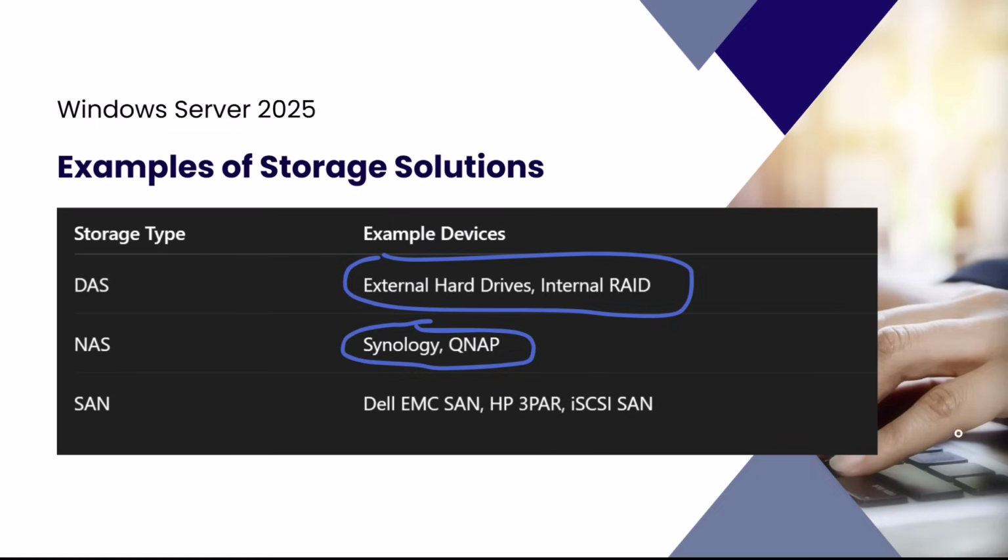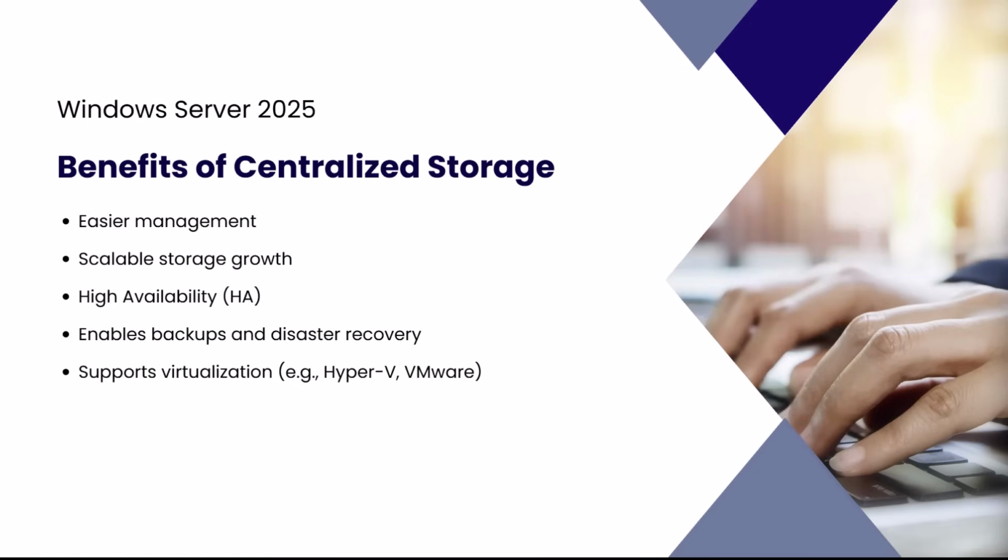Then SAN, solutions like Dell EMC or HP 3PAR, these are enterprise class storage systems that connect to many servers through fiber channel or iSCSI protocol for high performance and availability.